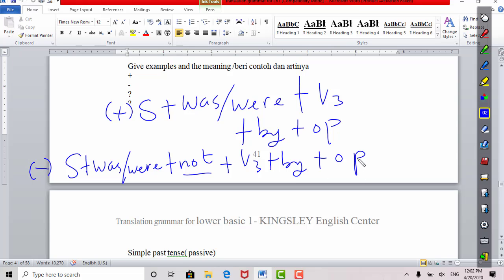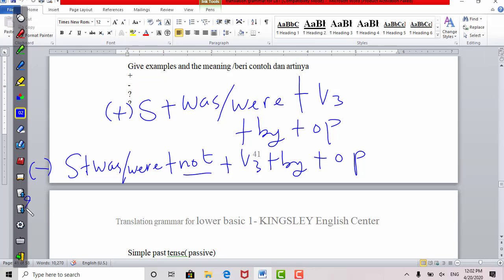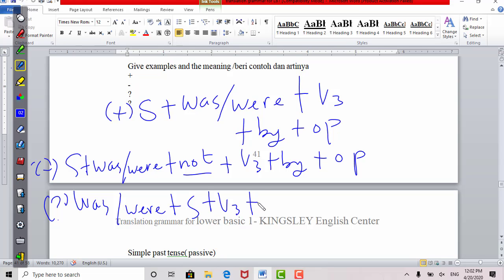Okay, I'll just repeat and then rewrite from the statement above, right? And then for the question, for the question over here, this one is negative here. For the question over here, it should be was or were plus subject plus verb 3, plus by plus object pronoun.